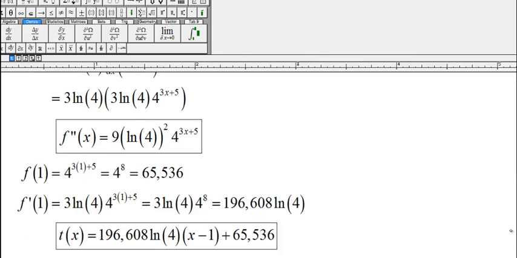So I can find the formula for the tangent line. The slope is this 196,608 times the natural log of 4, times parentheses x minus 1, plus the y-coordinate that goes with the 1, of 65,536.